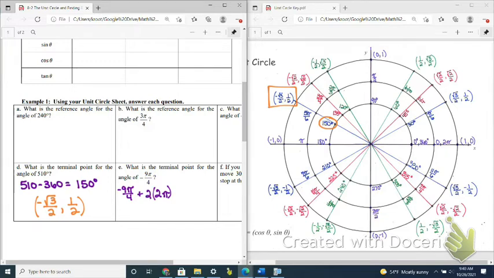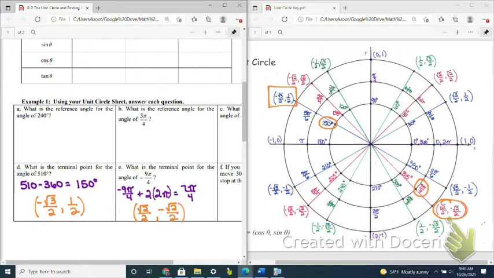So I do negative 9/4 in my calculator plus 2 times 2, which will get me 7 pi over 4. Again, treating pi like it's a variable. So 7 pi over 4 is on my unit circle. It is right here. So here's my terminal point. So it's square root of 2 over 2, comma, negative square root of 2 over 2.